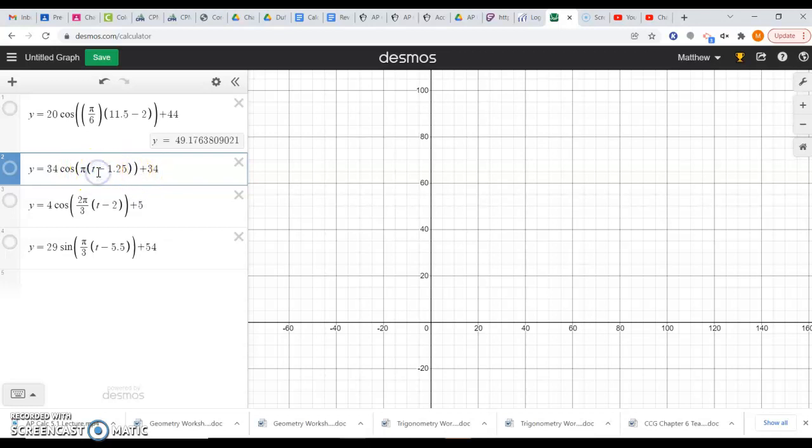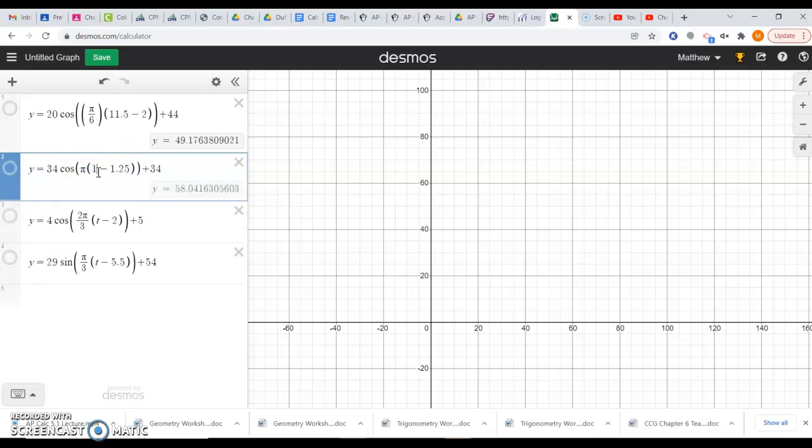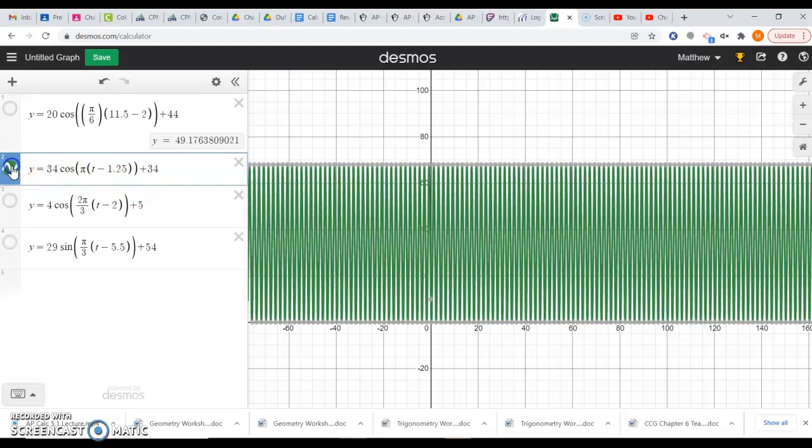If we plug in our value of t, 15.6 seconds, that gives me my answer of 49.43 for the height. So at 15.6 seconds, the gum is at a height of 49.43.